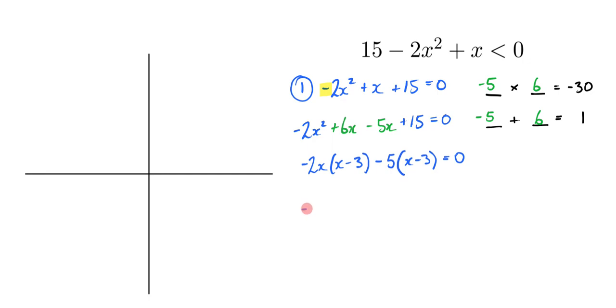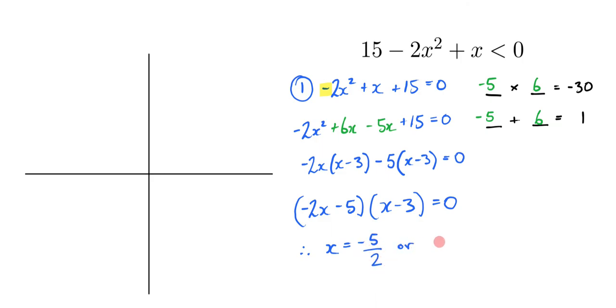Now I'm going to move on to my next step. I'm going to get negative 2x minus 5, and x minus 3. This is quite the journey that we're on. This is taking some time. So therefore, my x is going to equal negative 5 on 2, or my x is going to equal 3.